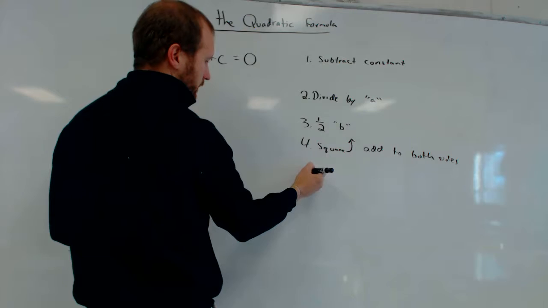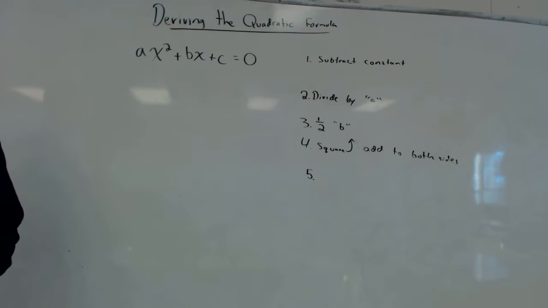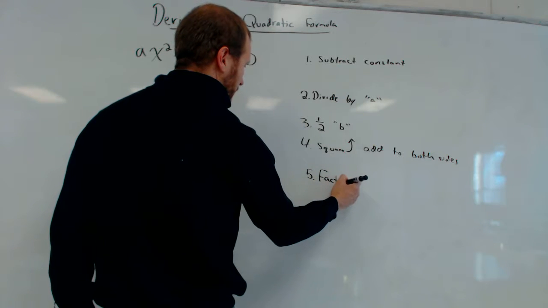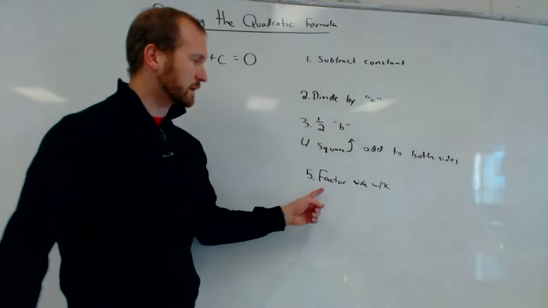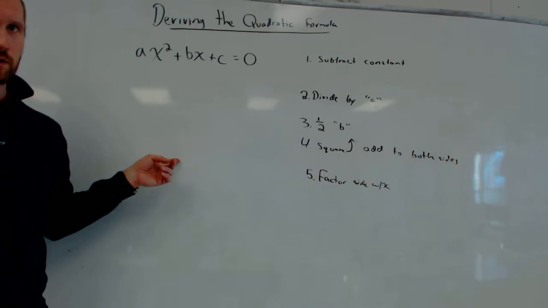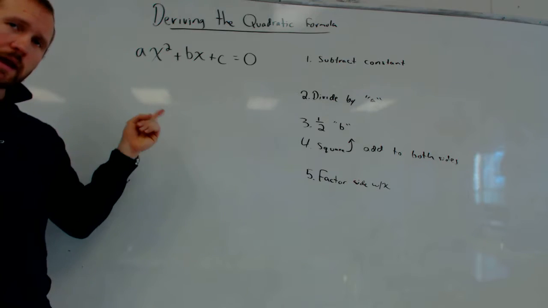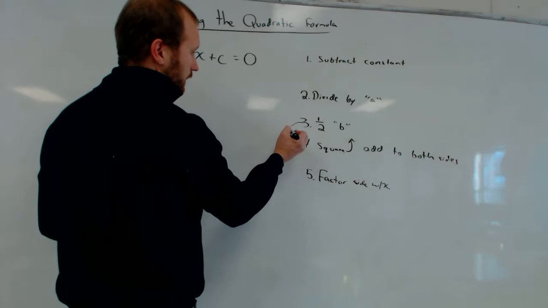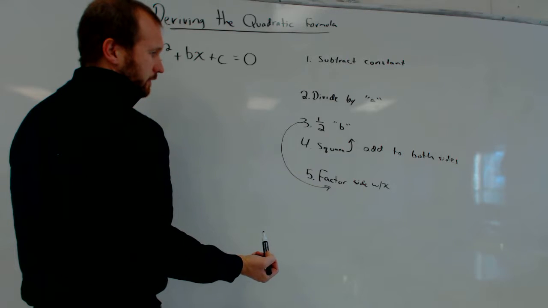Okay, next. What do we do after that? Yeah. So we factor the side with x. What's going to help us factor? The fact that it's a perfect square. Okay, it's a perfect square, and so we know it's going to be x plus b over 2. Yeah, this, right? We're going to use this to factor.